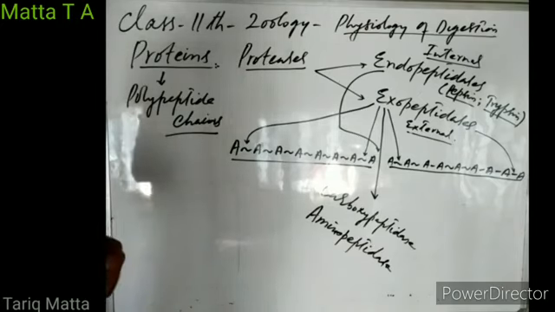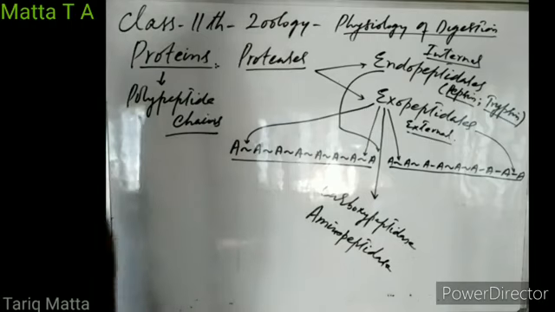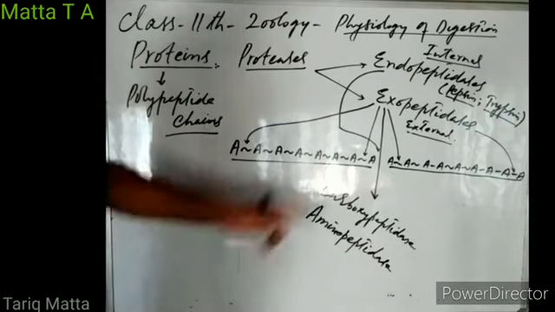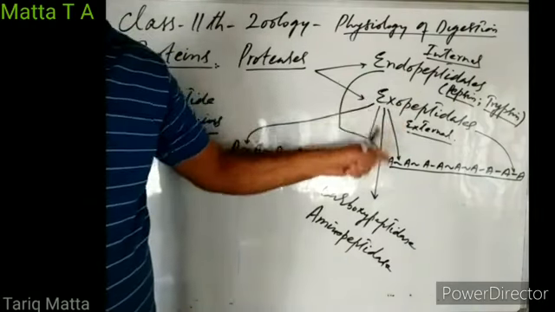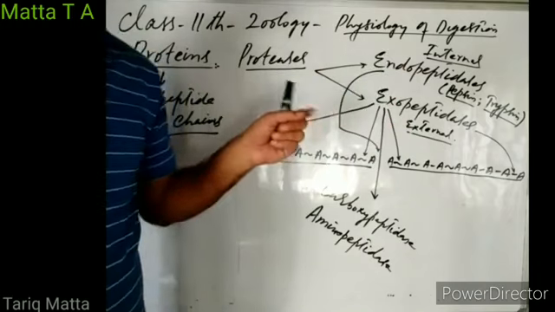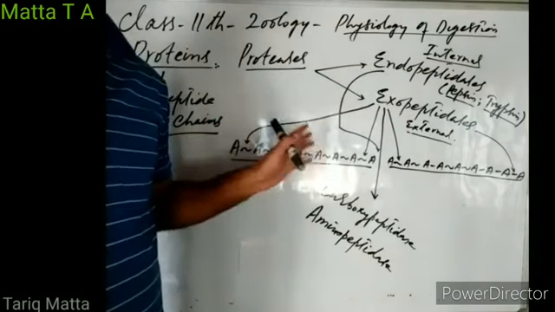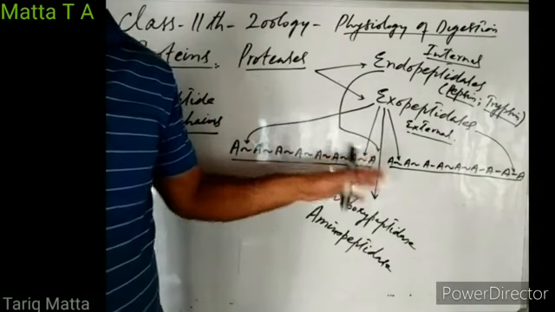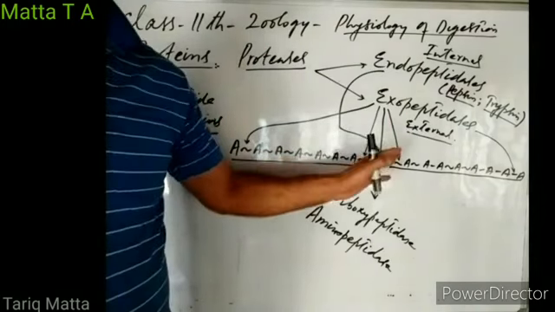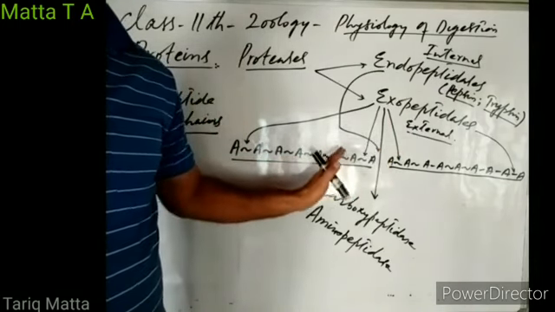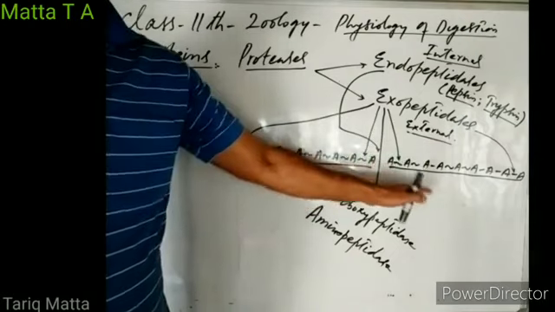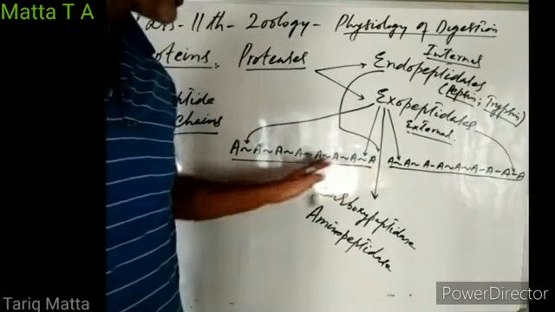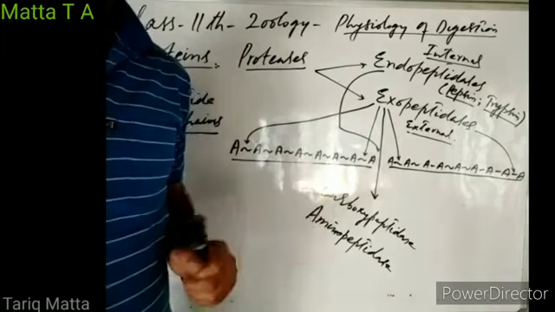So before we start the digestion of proteins, we have to keep in mind that protein digesting enzymes are known as proteases, and we classify proteases into two types, endopeptidases and exopeptidases. Endopeptidases break the internal peptide bond of a polypeptide chain, dividing it into short fragments known as peptones and proteoses, which we call peptides.